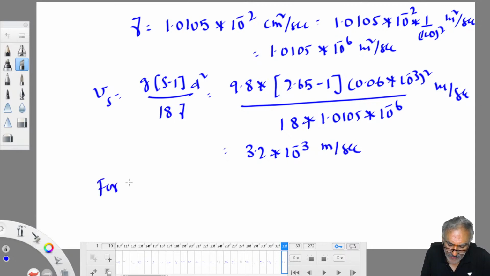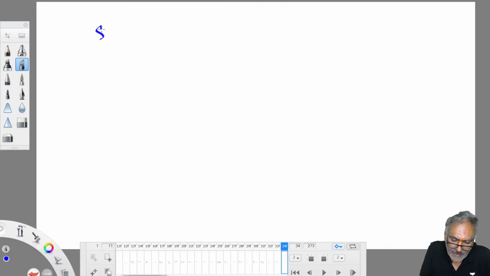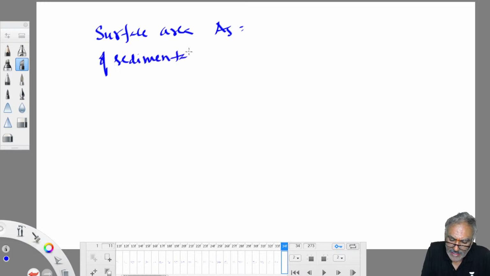Therefore, for 100% removal, the condition is Vs should be greater than or equal to V naught. Therefore, I will take V naught equal to Vs, the minimum condition, 3.2 into 10 power minus 3 meters per second. Therefore, the surface area of the sedimentation tank required is what we are expected to calculate.